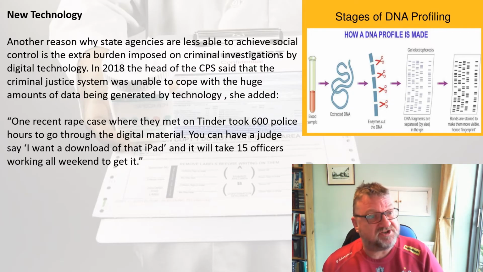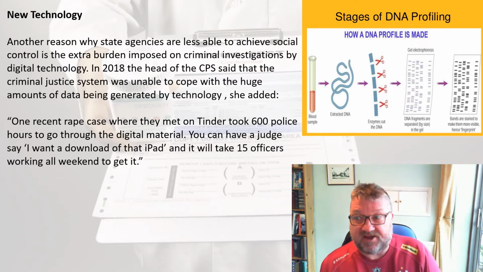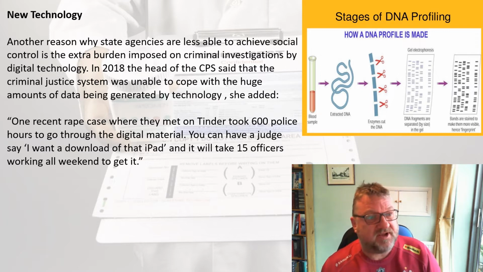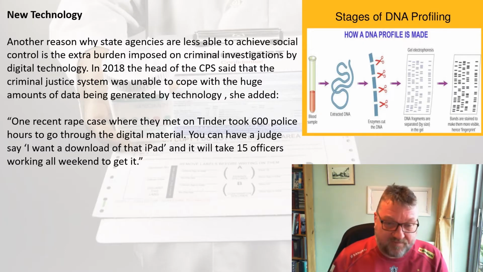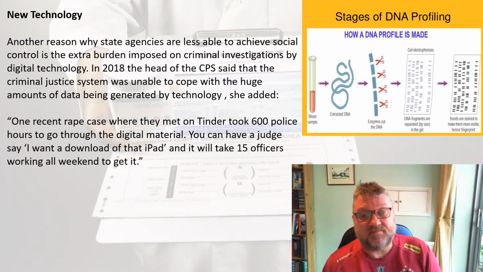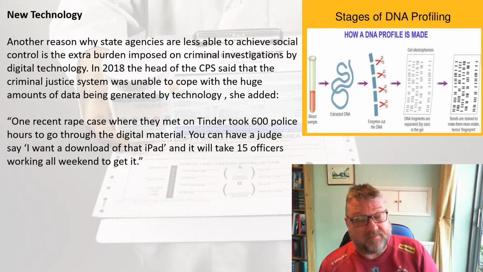And this is what she said. One recent rape case where they met on Tinder took 600 police hours to go through the digital material. You can have a judge say, I want a download of that iPad, and it will take 15 officers working all weekend to get it. If you think about the capacity of mobile phones and iPads, you're using that as evidence to just get that evidence off. It's a massive amount of time and manpower, womanpower.